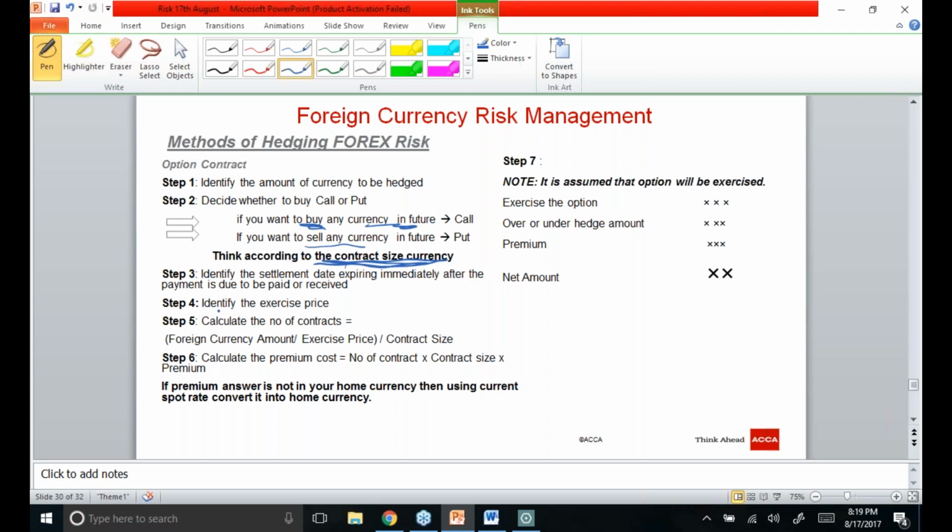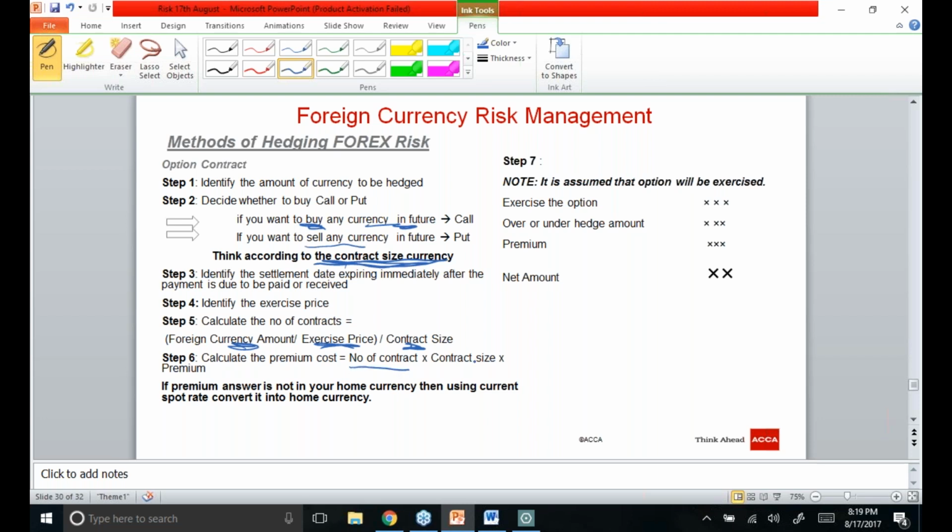Fourth step, identify the exercise price. Fifth step, calculate the number of contracts: foreign currency amount over contract size. And obviously, if the foreign currency amount is not the same currency as the contract size, convert it into the same currency using the exercise rate. Next step is to calculate the premium cost.